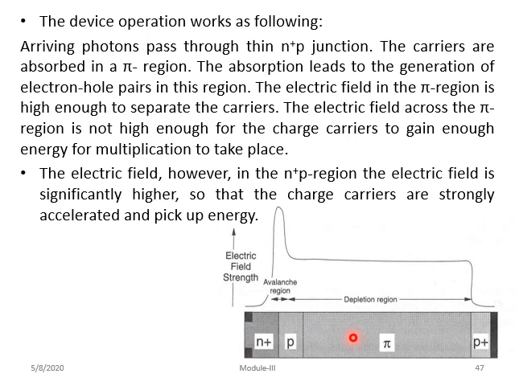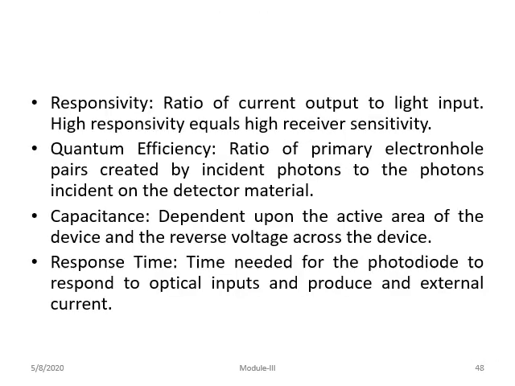The absorption leads to generation of electron hole pairs in the pi region, and the electric field in the pi region is high enough to separate the charge carriers, but not high enough for the charge carriers to gain enough energy for multiplication to take place. The multiplication factor, or ionizing factor, comes into play here. The electric field in the n plus p region is significantly higher, so the charge carriers are strongly accelerated and pick up energy.